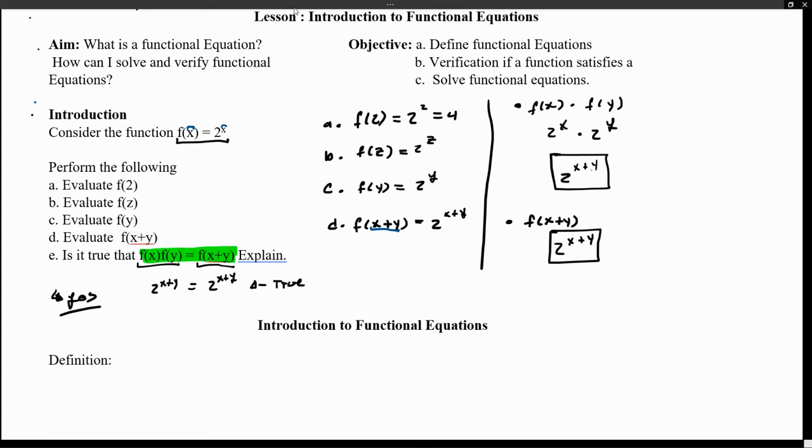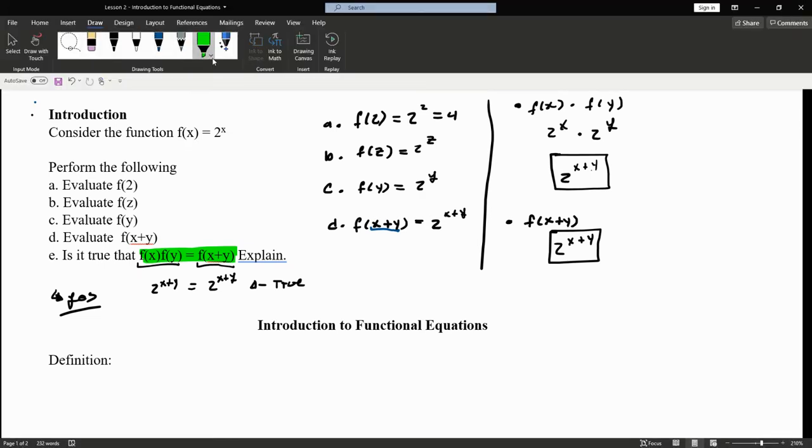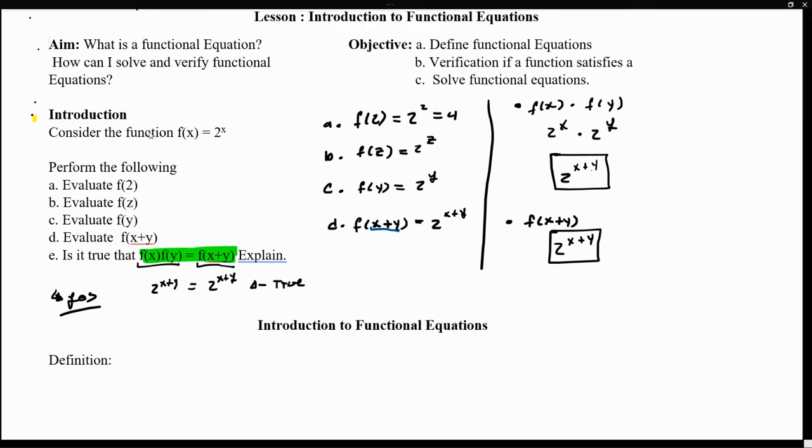So notice that what we have done is we definitely found a function. Notice what is the function that we found. The function that we used was 2 to the x, and this function makes this statement true.